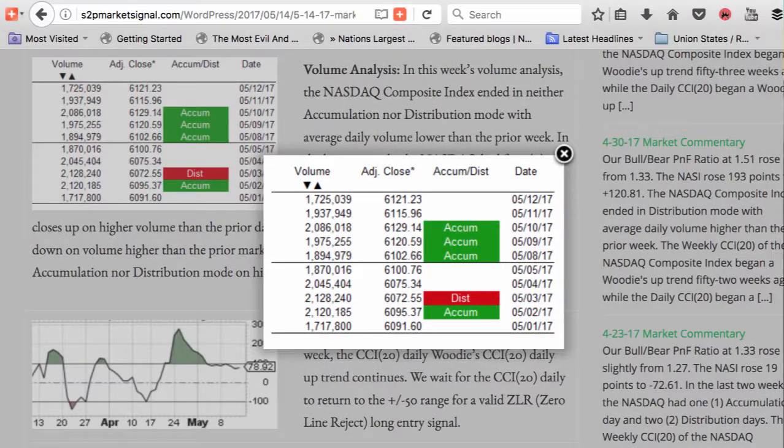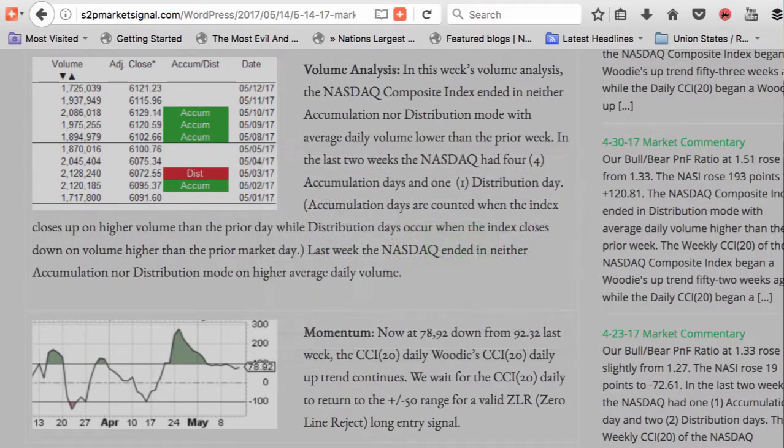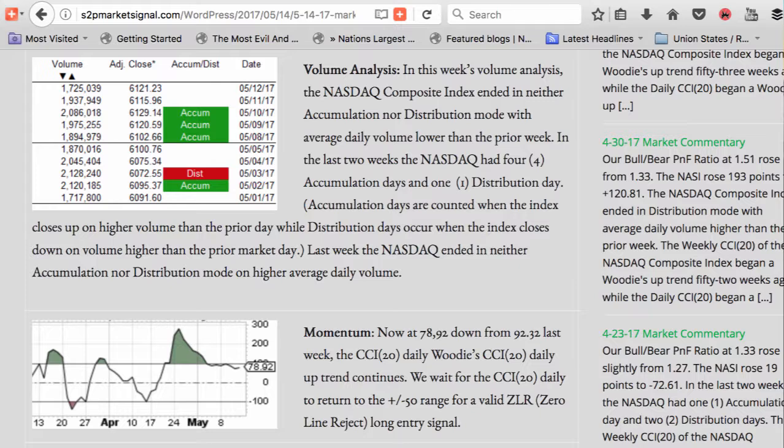Volume analysis. In this week's volume analysis, the Nasdaq Composite Index ended in neither accumulation nor distribution mode, with average daily volume lower than the prior week. In the last 2 weeks, the Nasdaq had 4 accumulation days and 1 distribution day.